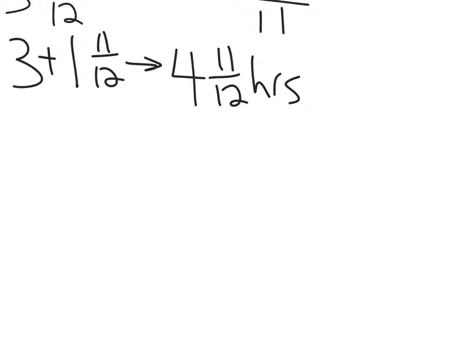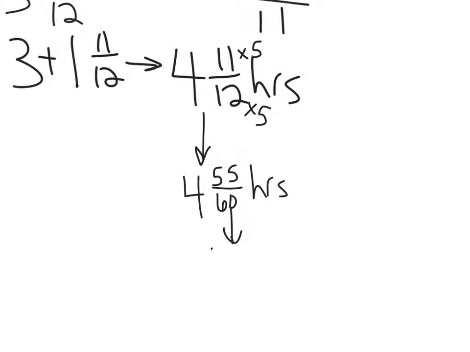So we know for minutes there's 60 minutes in an hour. So one way of doing this would be to get that denominator to a 60. If you take 12 times 5, that'll get us to 60. And that tells me this is 4 and 55/60 hours, which means 4 hours and 55 minutes.